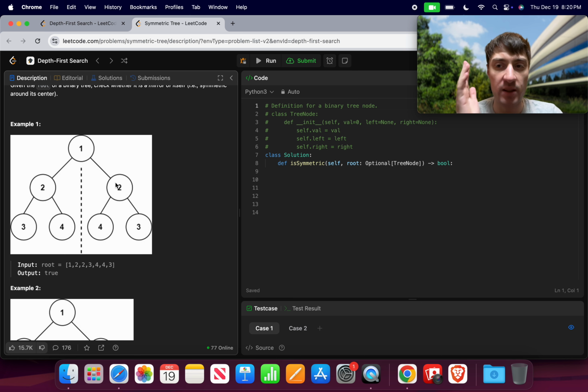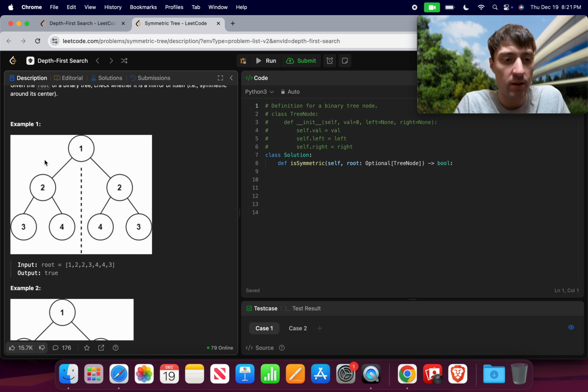Immediately what I'm seeing is that I have to take the opposite. I go right here, I go left here, but then for this one I have to go left to find the opposite, or the one that I'm looking at, and for this one I have to go right. I'm trying to think how I am going to traverse this tree such that I can get its corresponding counterpart.